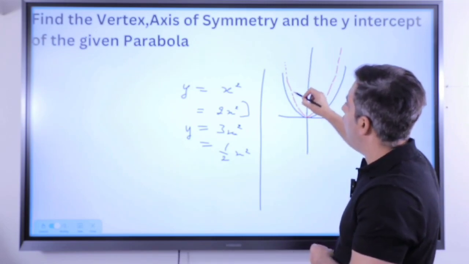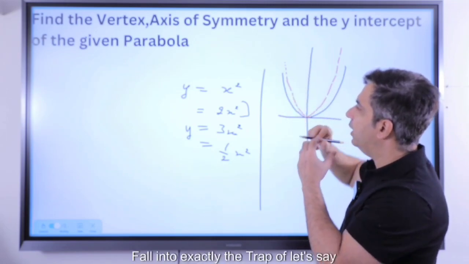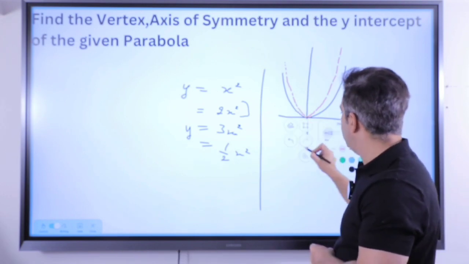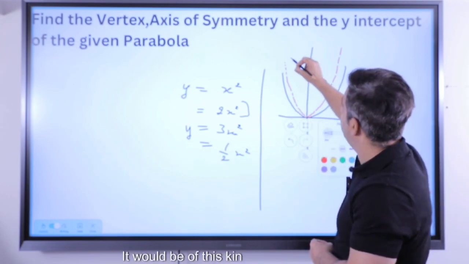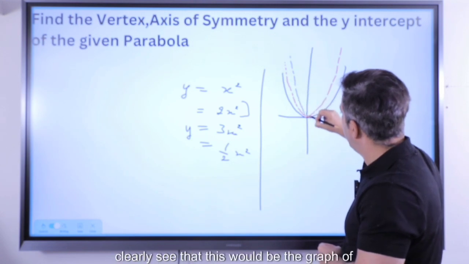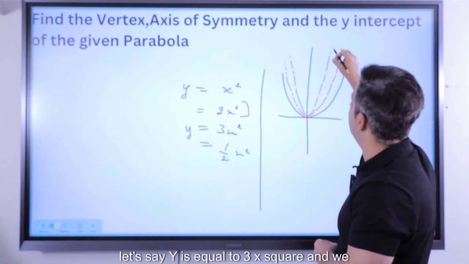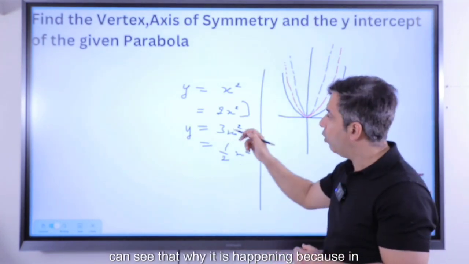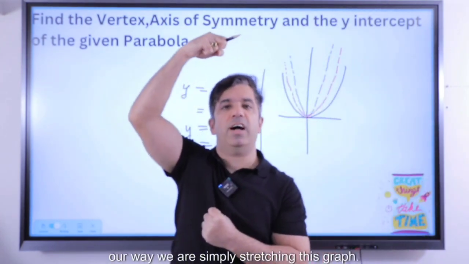But we don't have to fall into the trap of drawing this graph exactly, and y is equal to 3x square would be further. It would be of this kind, because we can clearly see that this would be the graph of y is equal to 3x square. And we can see why it is happening, because in a way we are simply stretching this graph.